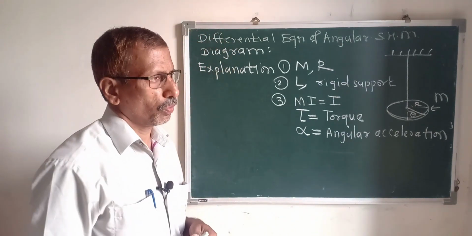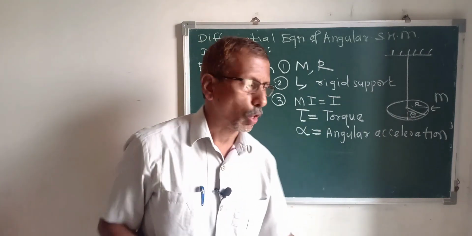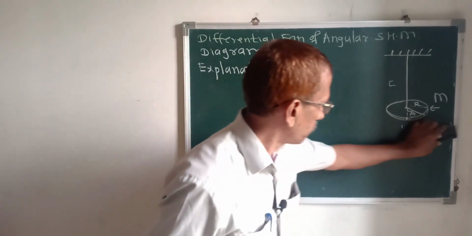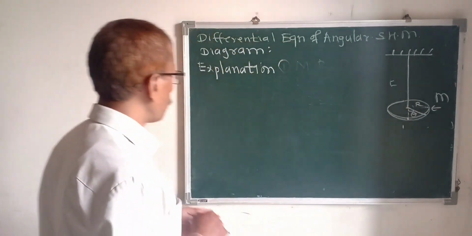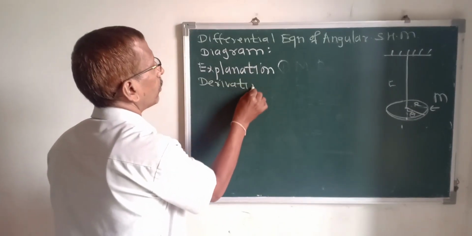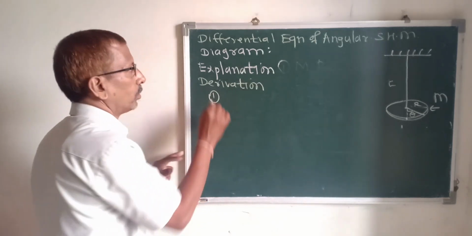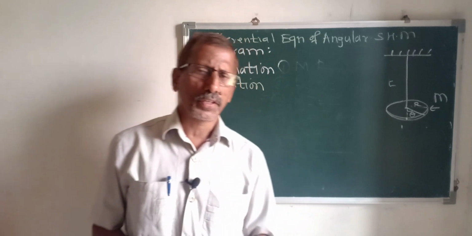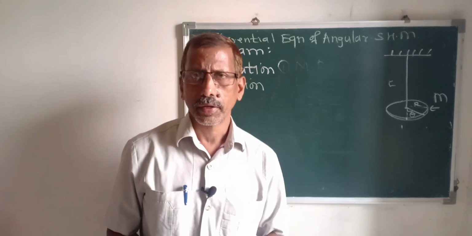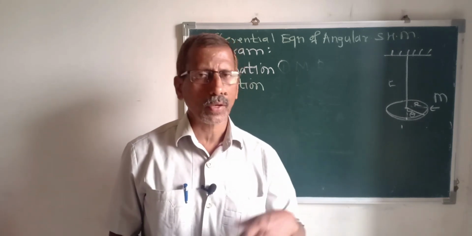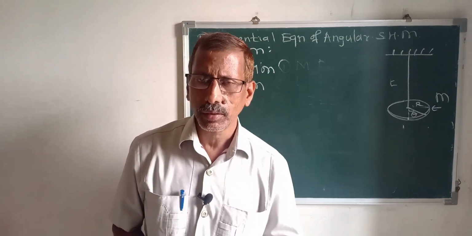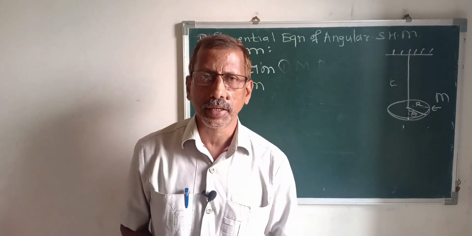Now we derive the differential equation of angular SHM. So, derivation. From the definition of angular SHM, it is an oscillatory periodic motion in which torque or angular acceleration is directly proportional to angular displacement, and it is oppositely directed.